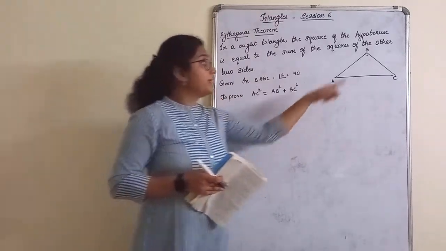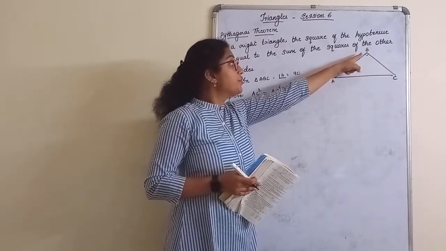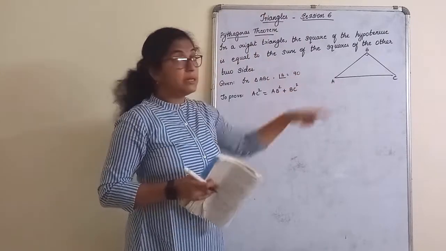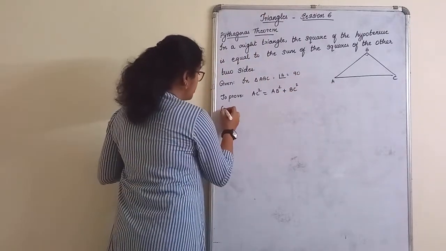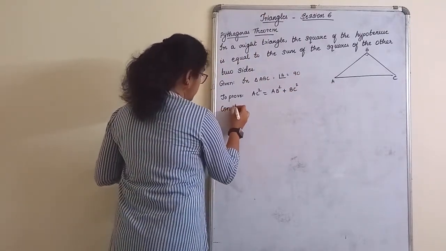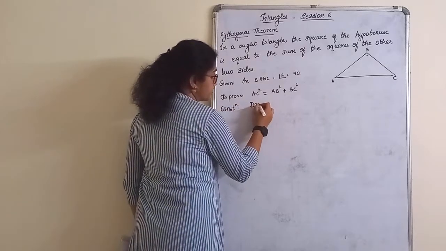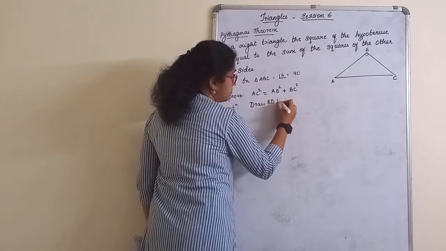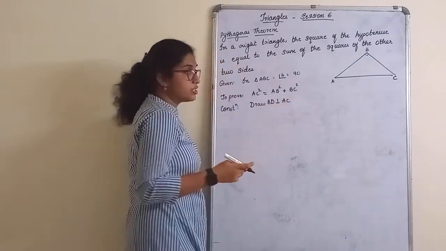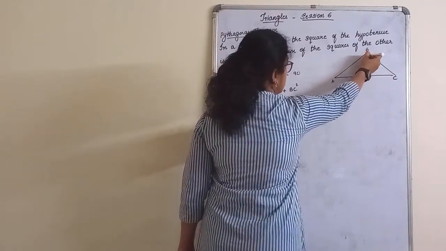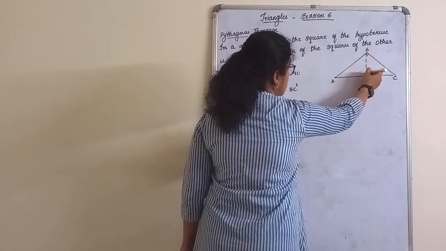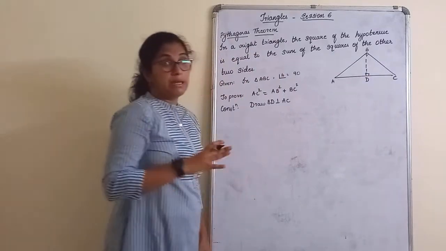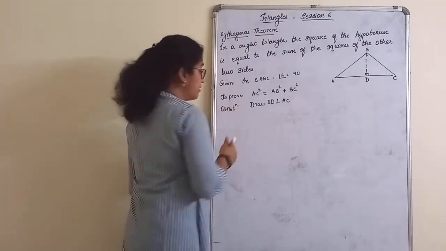By drawing a perpendicular from the vertex of the 90 degree angle to the base. So, construction: draw BD perpendicular to AC. Construction is always drawn in dotted lines. So this is BD. We are going to apply the Pythagoras theorem and the similar triangle rule here.